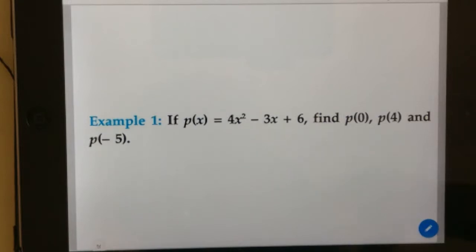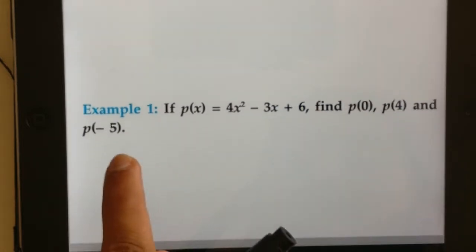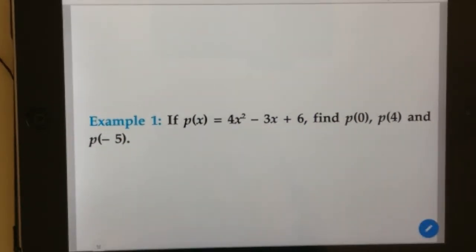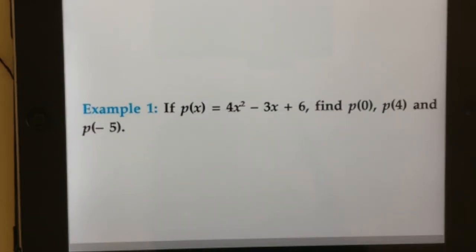What is this question all about? You need to find the value of p of x at certain values of x which are given to you: 0, 4 and -5. You need to put these values of x in the polynomial and find the value of the polynomial.